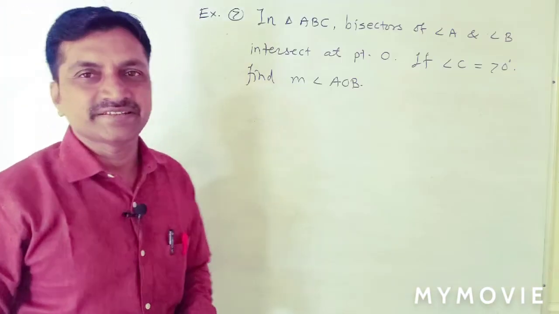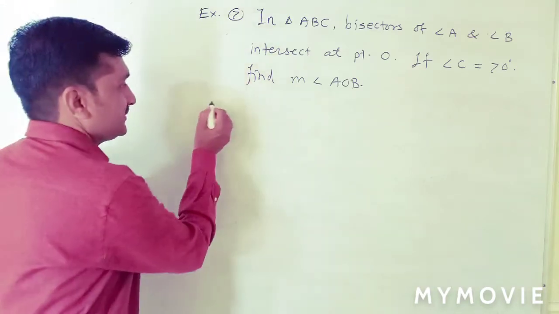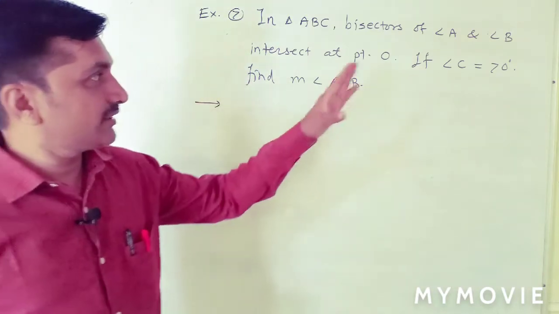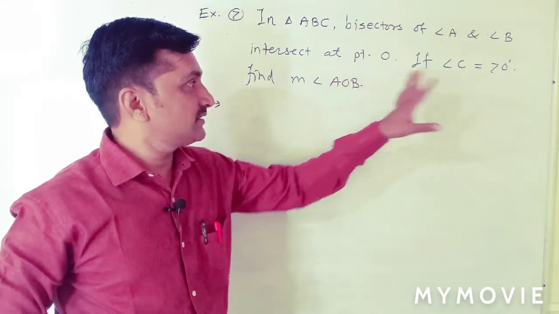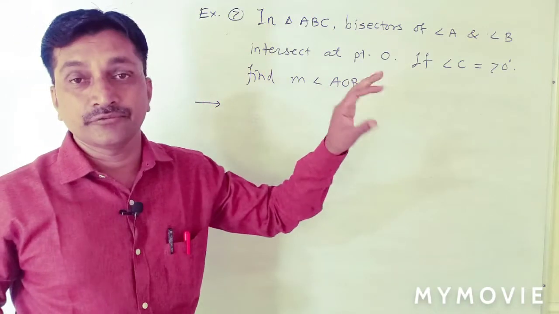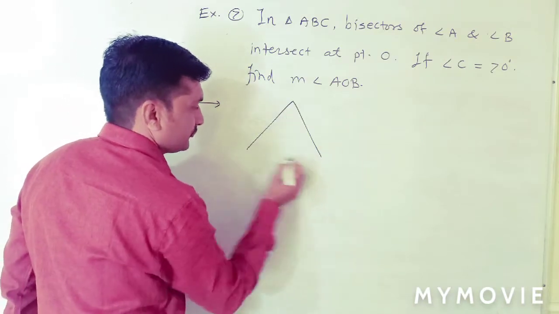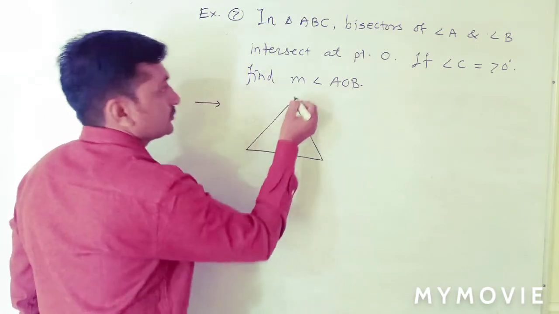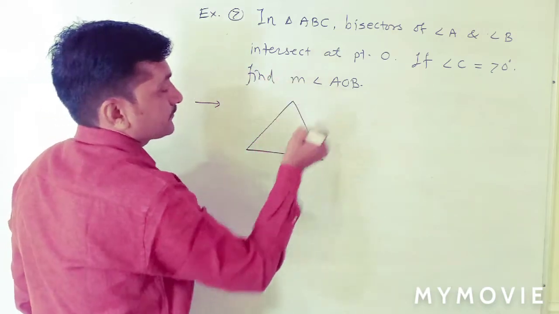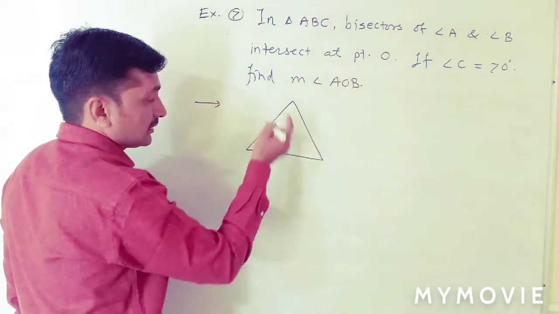For example number 6: In triangle ABC, bisectors of A and B intersect at O. C is 70. Find AOB. For that, we have to draw a rough figure. Rough figure, no need to take exact measurement. This is triangle ABC.